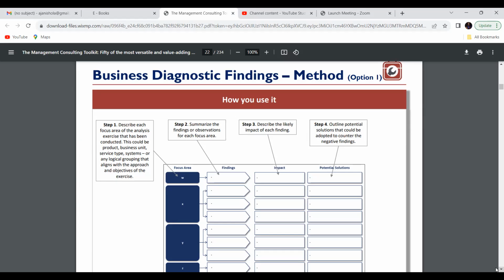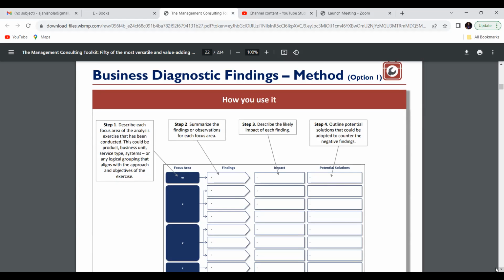So what do you want to do and how do you use this? Identify the focus area of your diagnosis. A focus area could be dependent on areas within the business that need to be further looked into. It depends on the business needs. It could be the business problem.